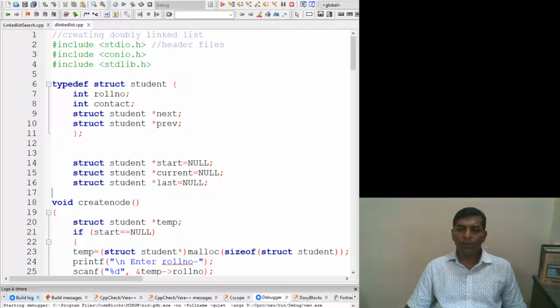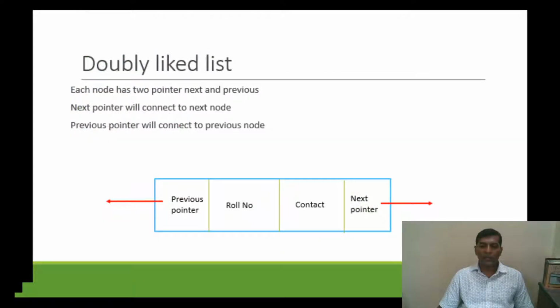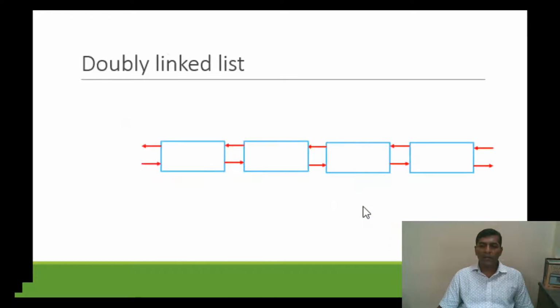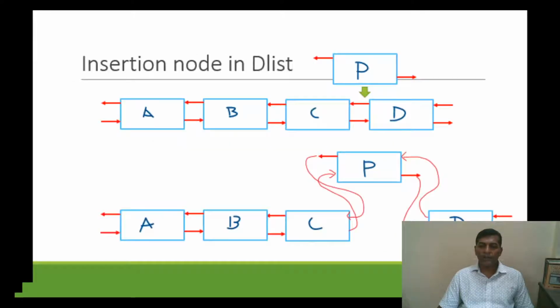Once we create this node, we have to proceed further for understanding the next details of the list. If we want to insert a node and the list is already created, then we have to disconnect the connections of C and D and try to insert the node into P.